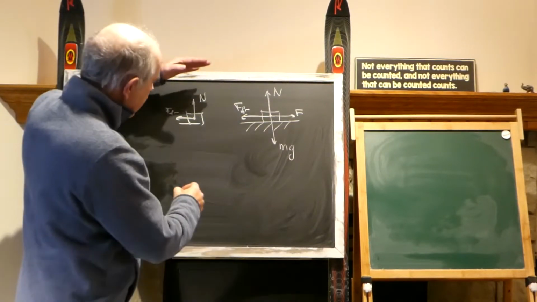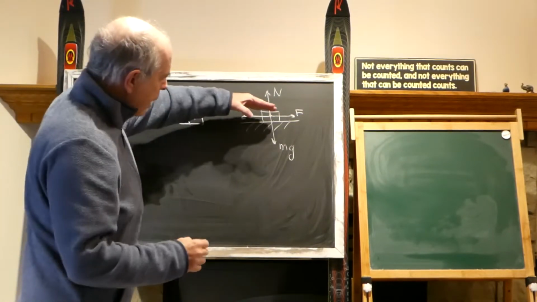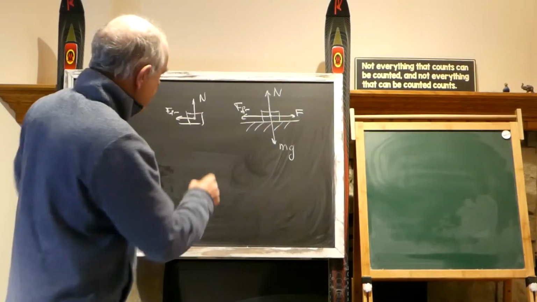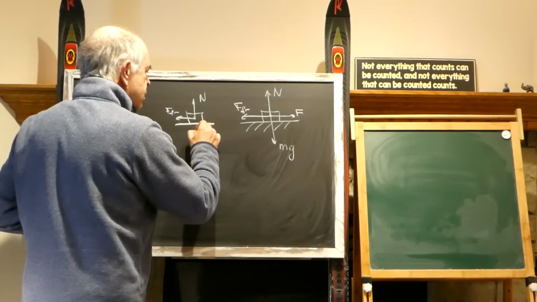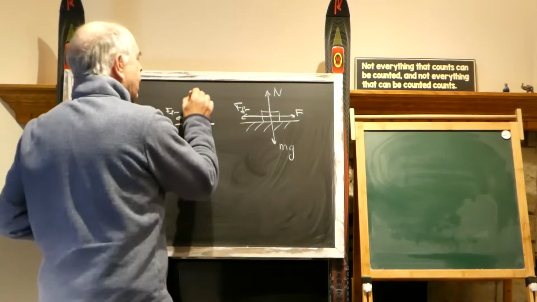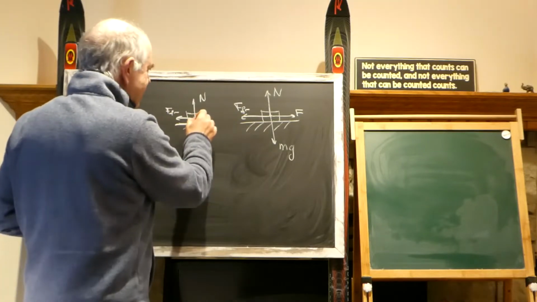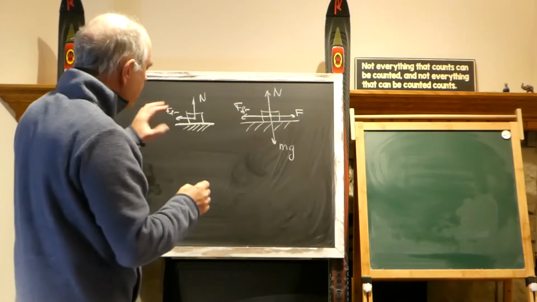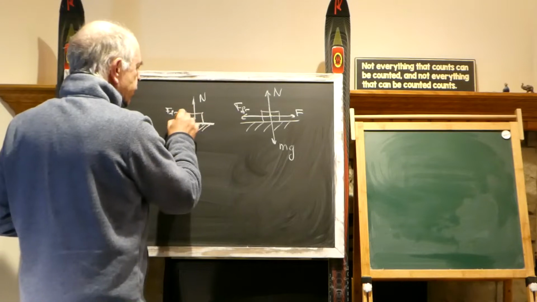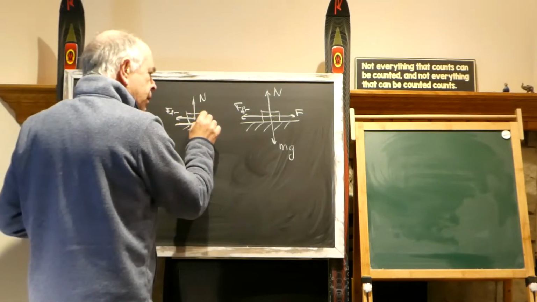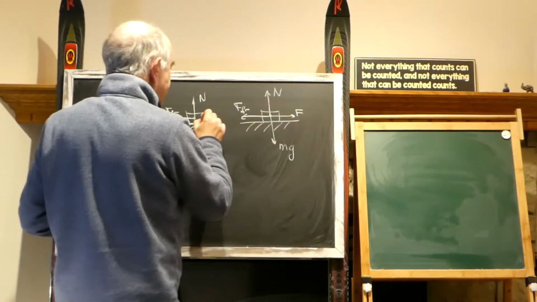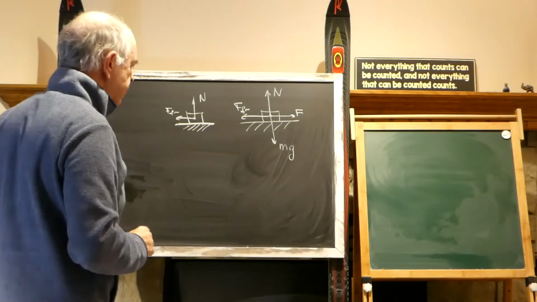Right? Normal reaction is because mg, gravity, pushes the body to the surface, and surface reacts. So surface reacts in the opposite direction, and friction, because I'm trying to push the body to the side, the friction goes the opposite way.